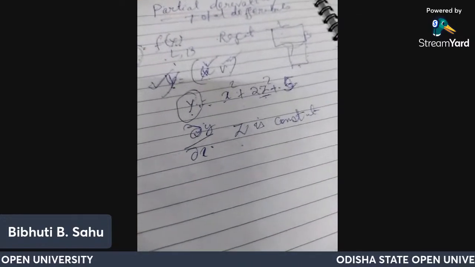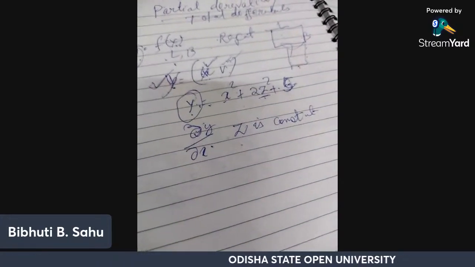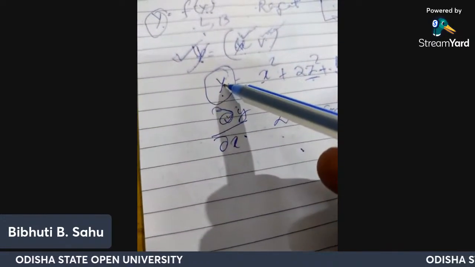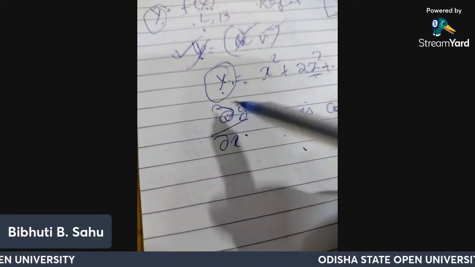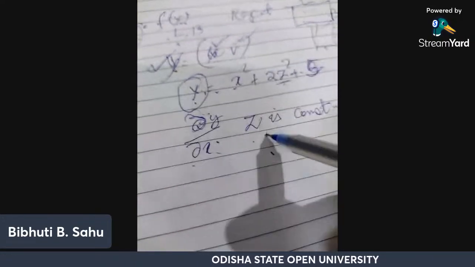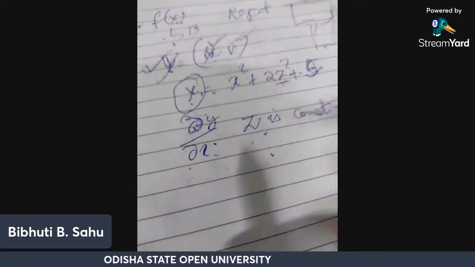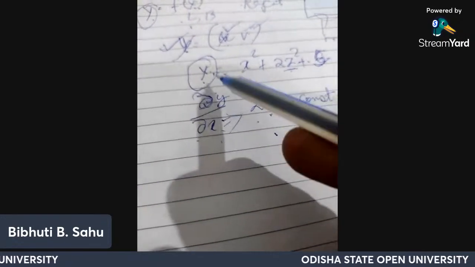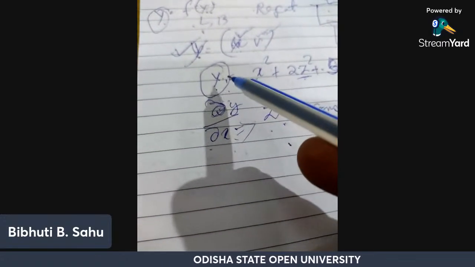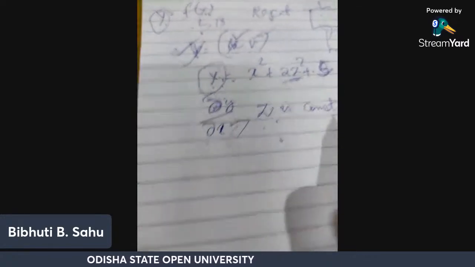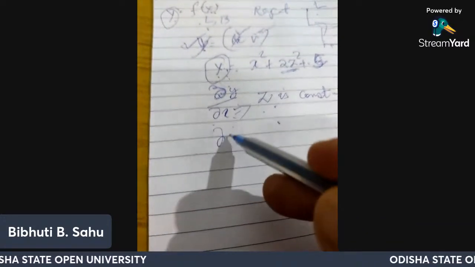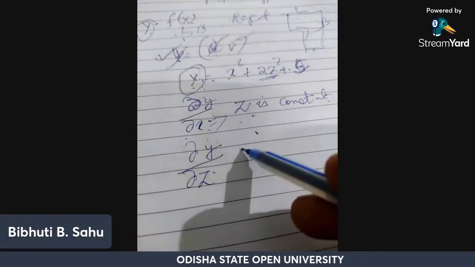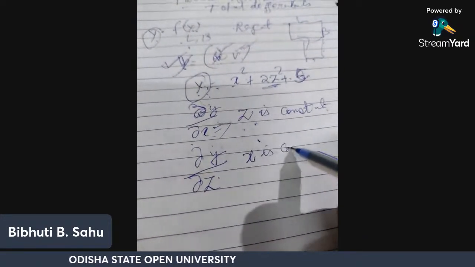Without changing the quantity of z, we measure the value of y. That means only x is changing. Suppose we want to measure the change in y due to the change in z, then it will be del y by del z, where x is constant.